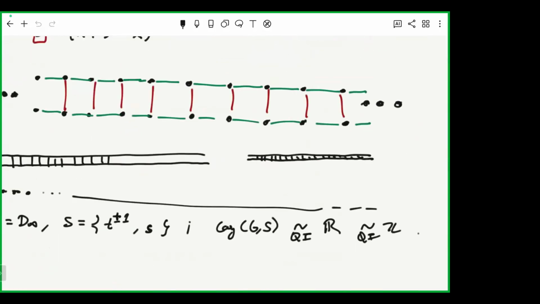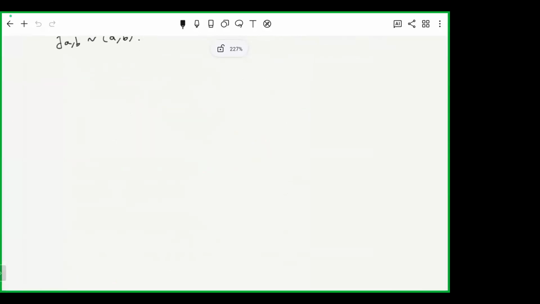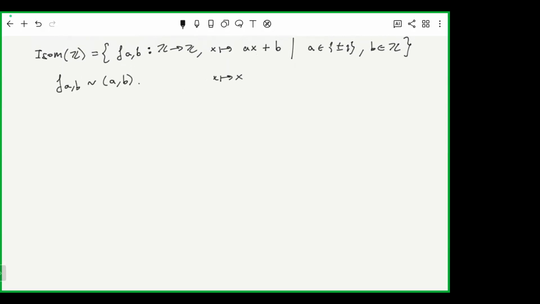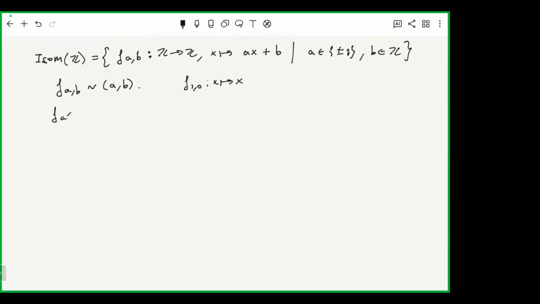This is the identity, so the identity is the element 1, 0. f of 1, 0 sends x to x. And how does composition work? Well, f of a prime, b prime composed with f of a, b sends x to a prime times (ax plus b) plus b prime.